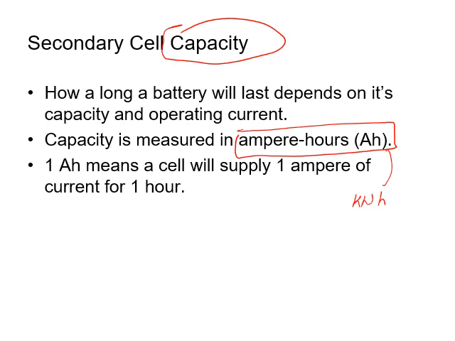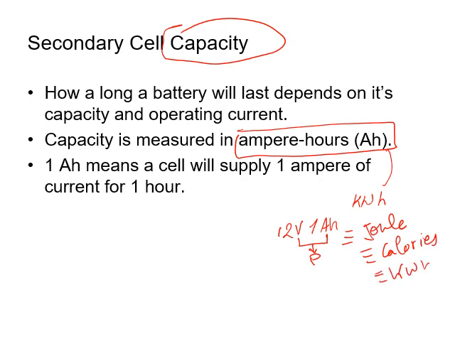So if I have a 12-volt battery that has a capacity of 1 amp hour, remember if we multiply voltage and current, we get power, correct? And then hour, that's energy. This is equivalent to joule, equivalent to calories, equivalent to kilowatt hour. But the problem is with batteries, a kilowatt is a lot.